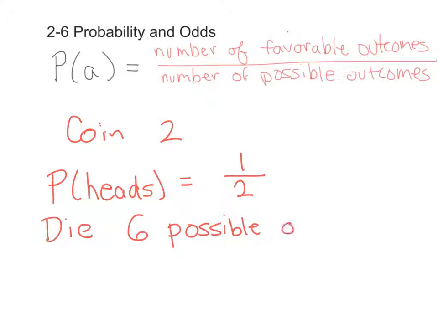And so if we wanted to find the probability of rolling, say for instance, a 3, then the probability of getting a 3 would be, there's 1 three on the die, and there's 6 possible outcomes. So the probability of rolling a 3 would be 1 over 6.